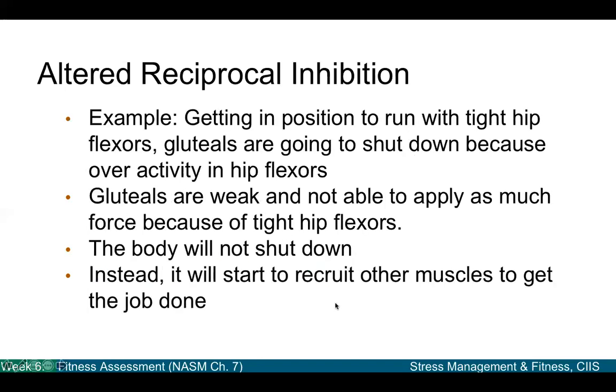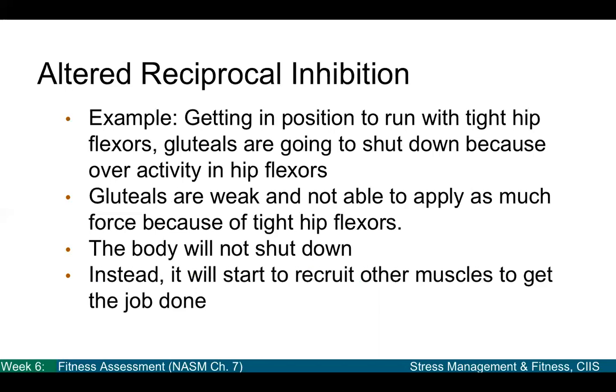So for example, going back to that example we talked about, if you're getting into position to run with a tight hip flexor, your gluteals are going to shut down because of overactive activity in hip flexors, right? So the gluteals are weak and not able to apply as much force because of these tight hip flexors, okay?